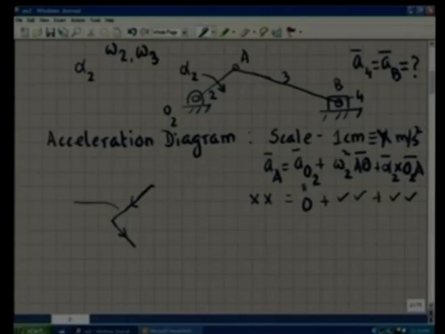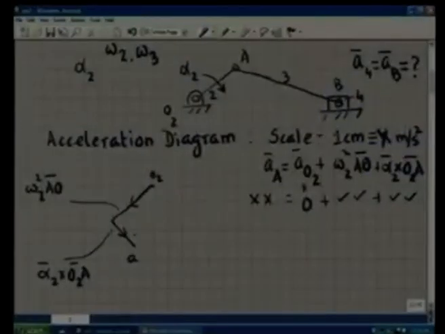This is omega 2 squared AO, and this vector is alpha 2 cross O2A. So, these 2 vectors when added give you the acceleration of the point A. So, this point I start with O2 and this point I write A, because the vector O2A represents the complete, total acceleration of the point A. It has 2 components, O2 A prime and A prime A.